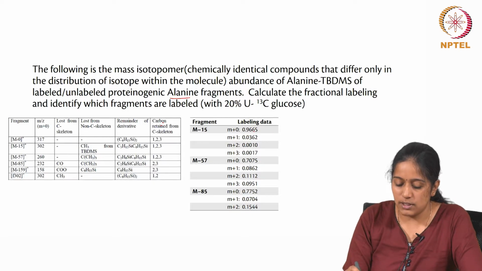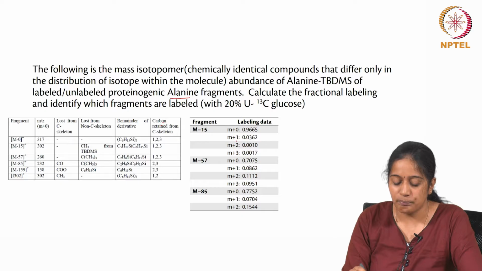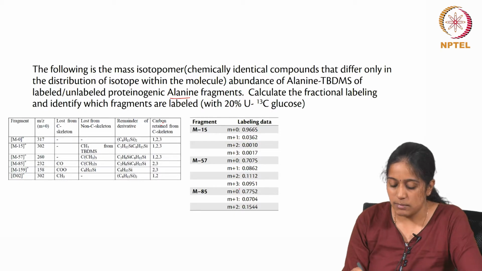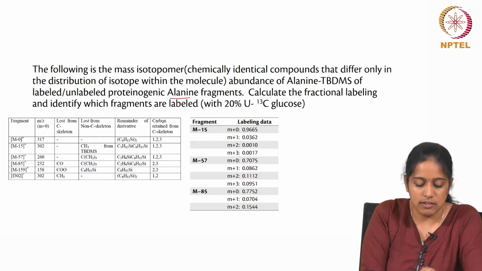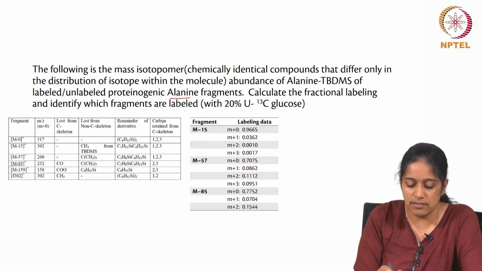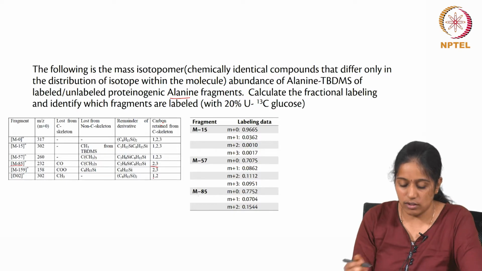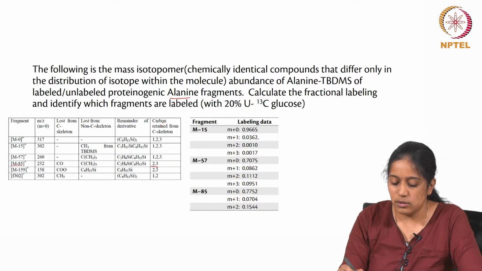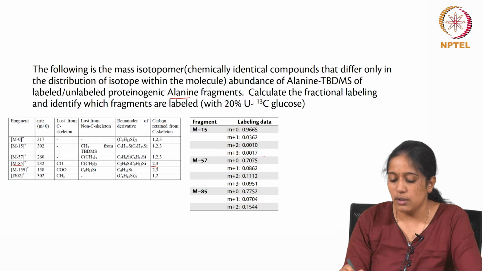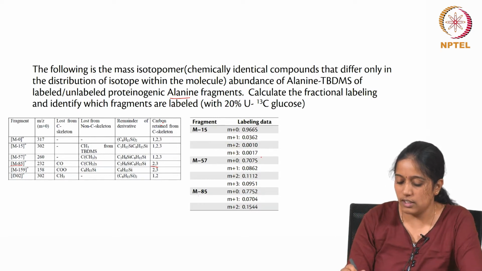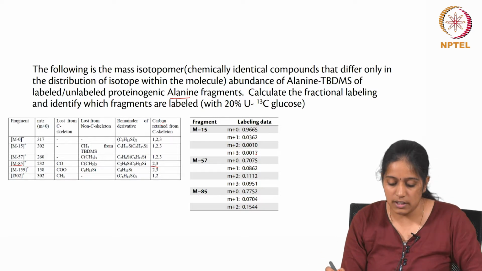So, you have m plus 0, that is basically m0, m1, m2, m3, and here you have again for mass m minus 57 you have masses, m minus 85 you have 2 of them, simply because for the fragment m minus 85 you just get the information for 2 carbon atoms and not all of them. So, with this again you tend to calculate the fractional labeling.